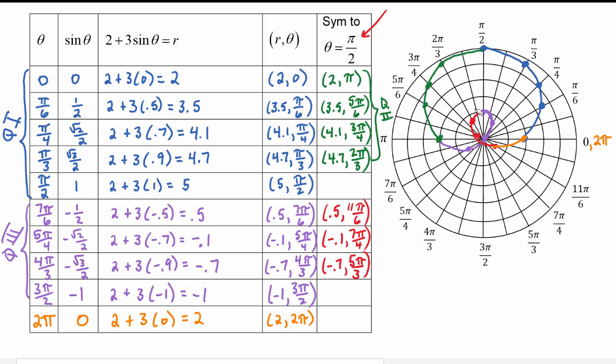And from the quadrant 3 angles, then we got the quadrant 4 angles for free. We plotted those. We plugged in 2 pi to finish one full cycle, starting at 0 and finishing at 2 pi. And this is the graph of a Limacon.